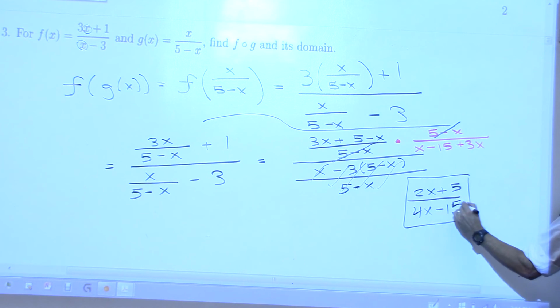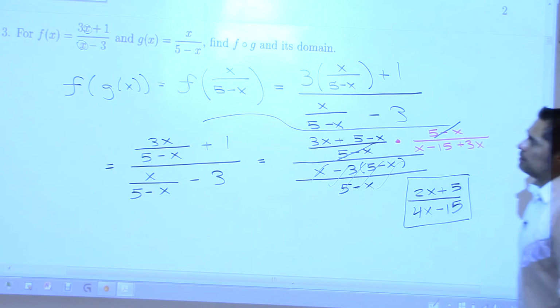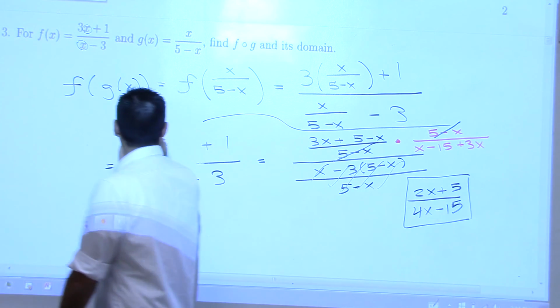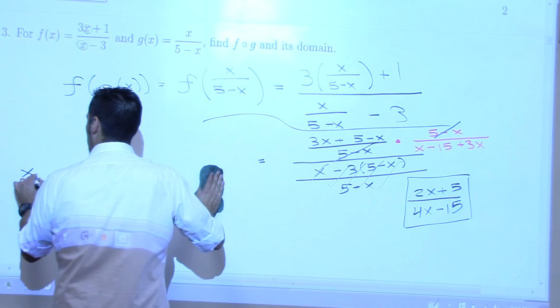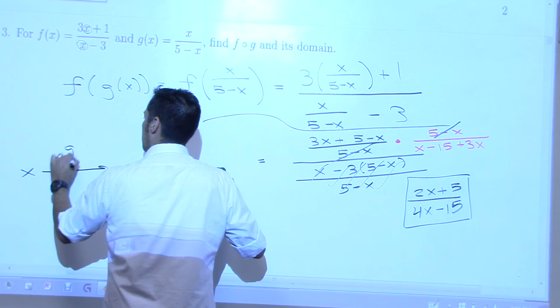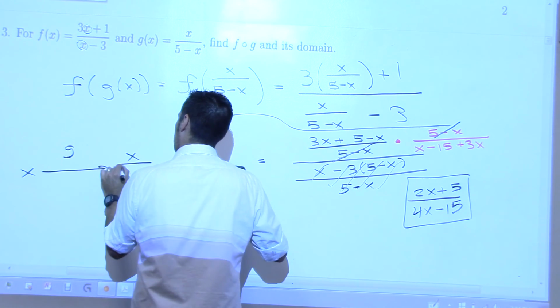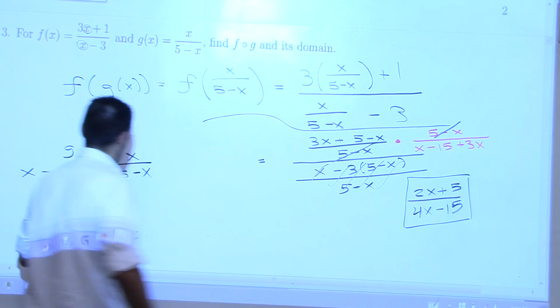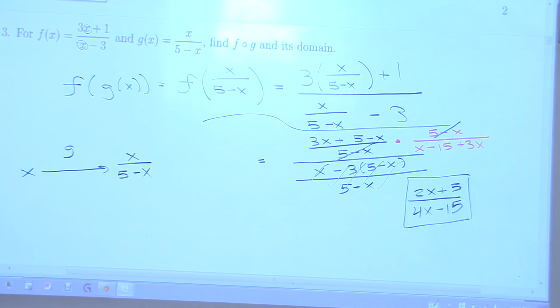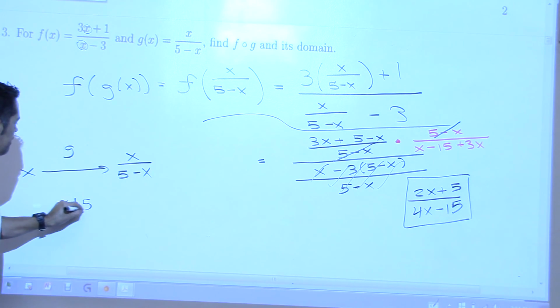But the domain? Don't you have to find the domain? Okay, what about the domain? You have to go to g of x first. x goes into what first? G, which cannot equal 5. So you know from this right away x can't be 5, right? x cannot be equal to 5.